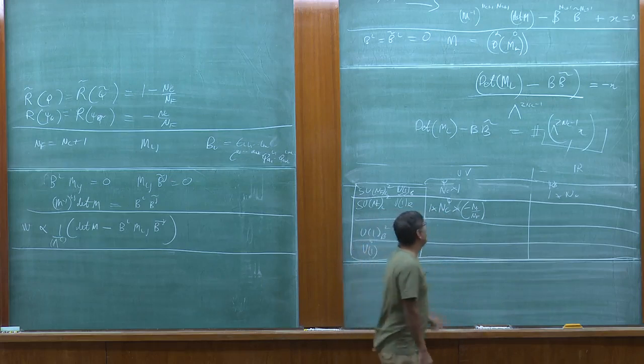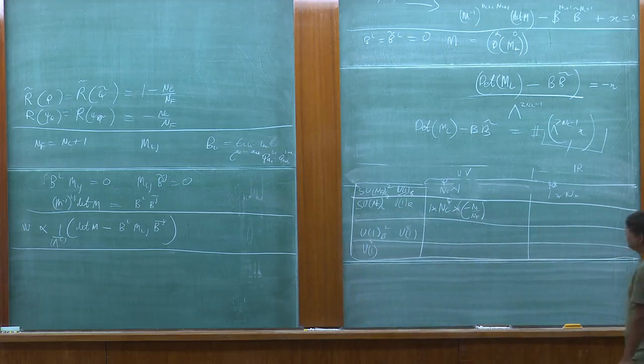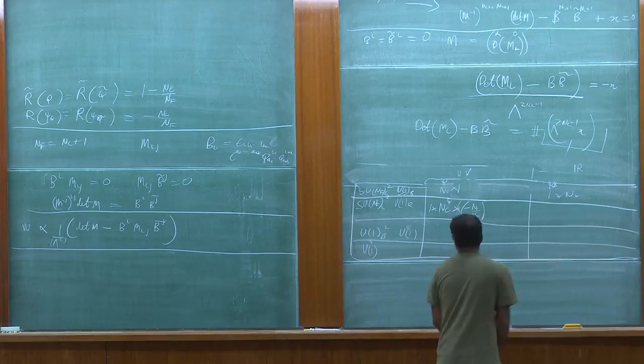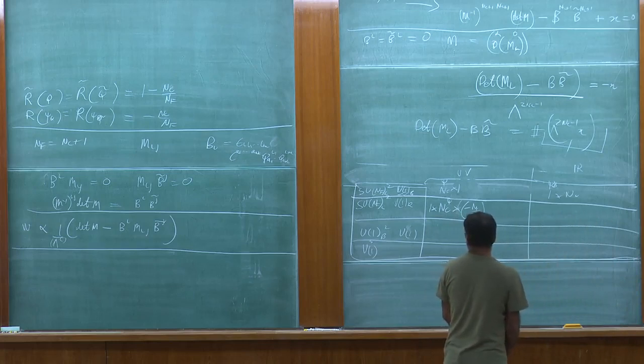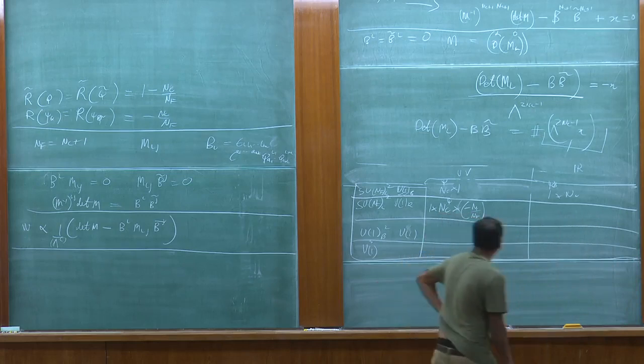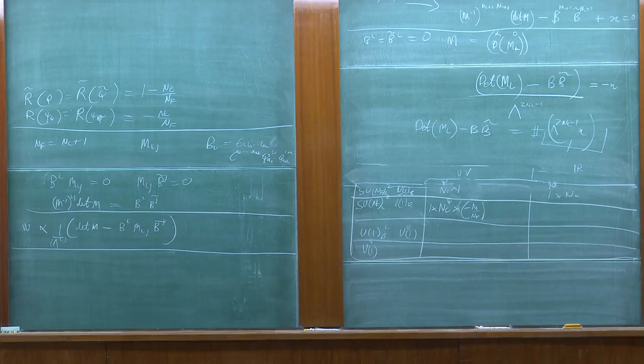Now, what about here? Once again, the only field that is charged under, well, no, now we have to be careful. Because there are 2 fields charged under SUNF, namely M and B. Both of them carry R charge.